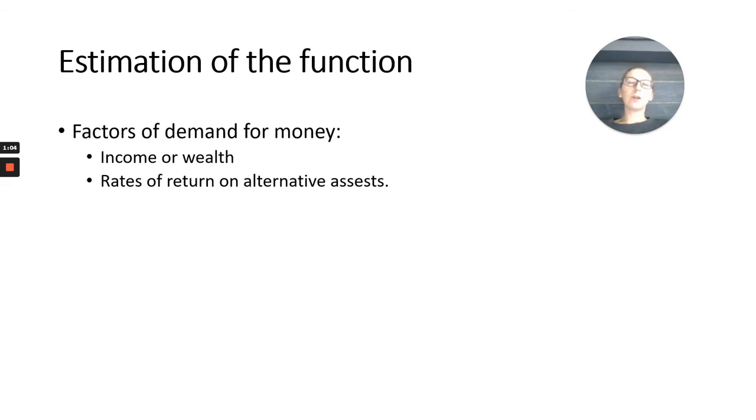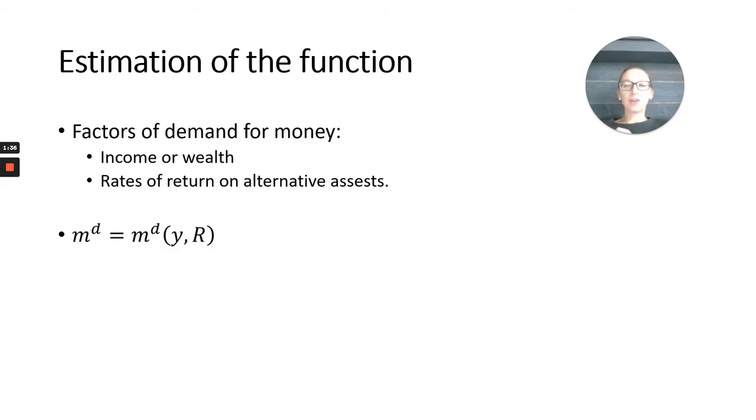The first factor of a demand for money is income, wealth, and the second are rates of return on alternative assets, which would represent the alternative costs of holding money. So we have those two main factors that could be modeled, that could be included into different functions.